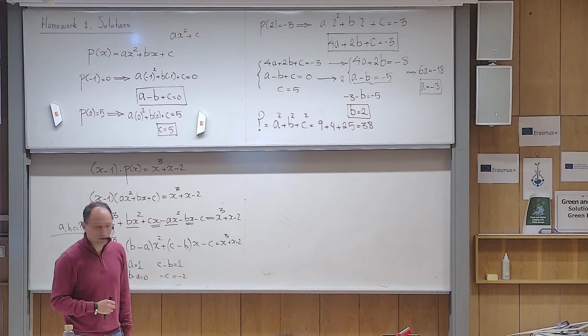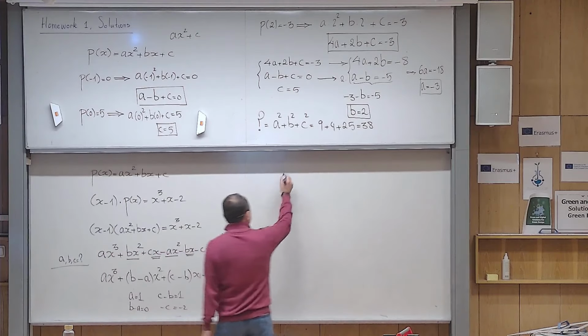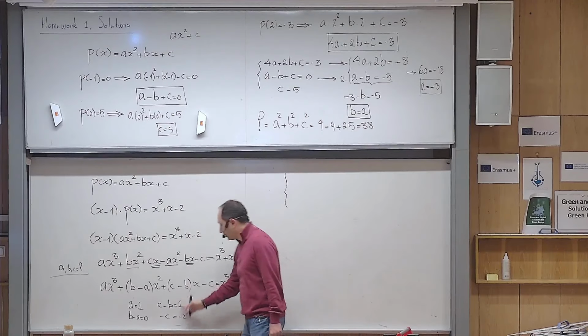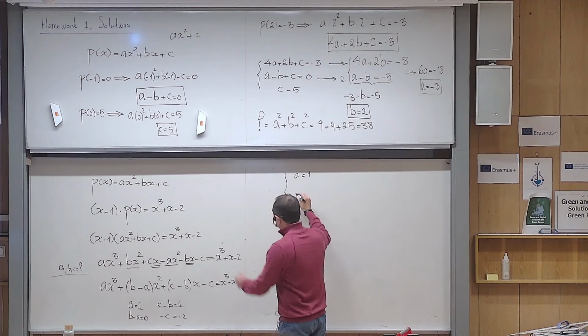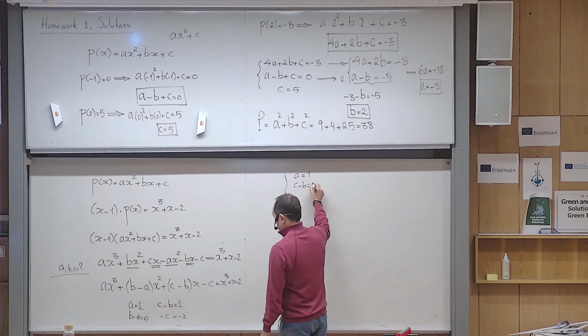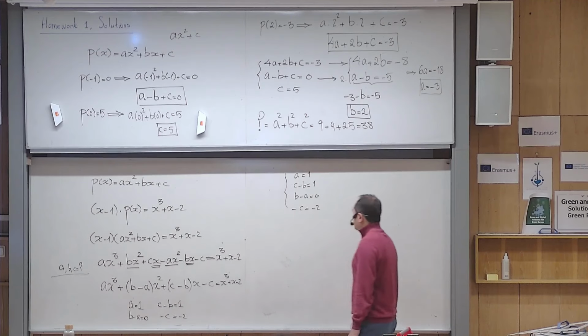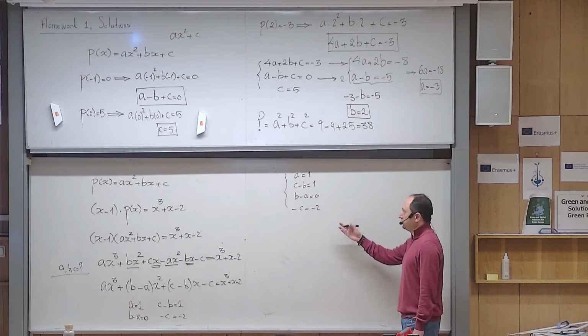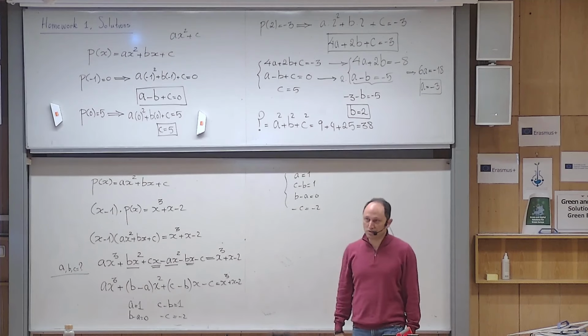And then it is extremely simple now, because now I have a system of 4 equations. a is 1, c minus b is 1, b minus a is 0, and minus c is minus 2. This system is a little overdetermined, meaning that you have only 3 unknowns, but you have more pieces of information.